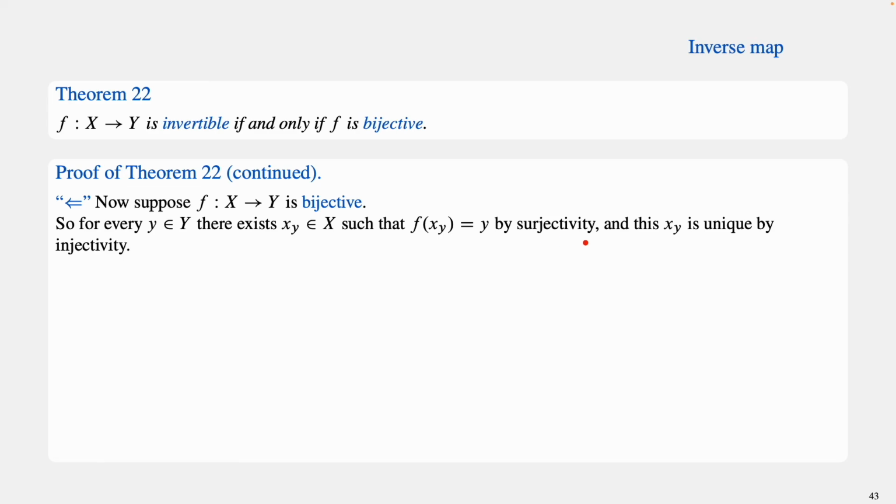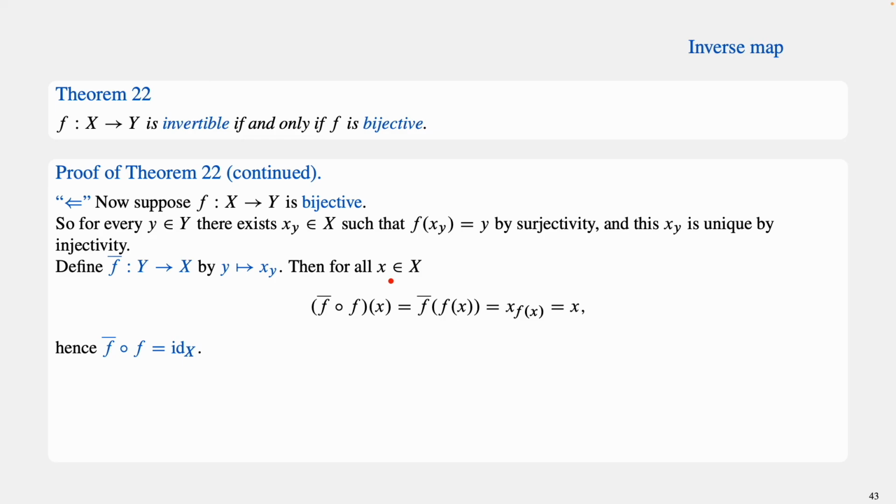This follows from the surjectivity, and because it's also injective, this x index y is unique. So because this is unique, I can define a function or a map f bar from Y to X, which maps y to this unique element x index y. And you might already suspect that this f bar will turn out to be our inverse map, but we have to verify this.